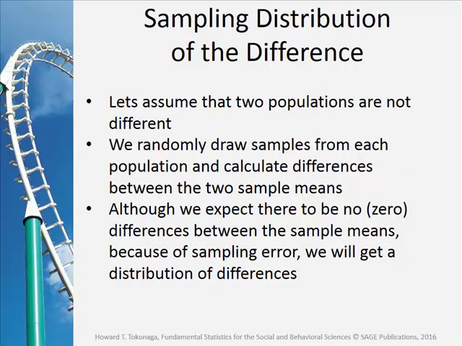So the process is we assume through the null hypothesis that the two populations are not different. So x bar 1 minus x bar 2 should equal what if they're not different?